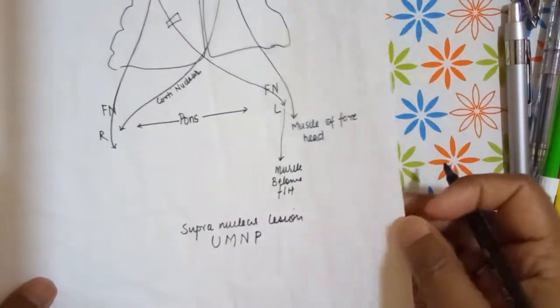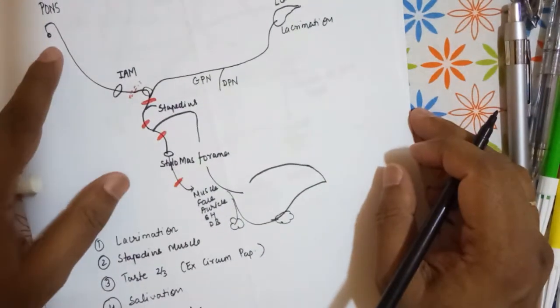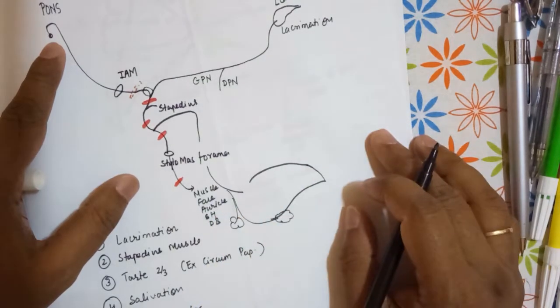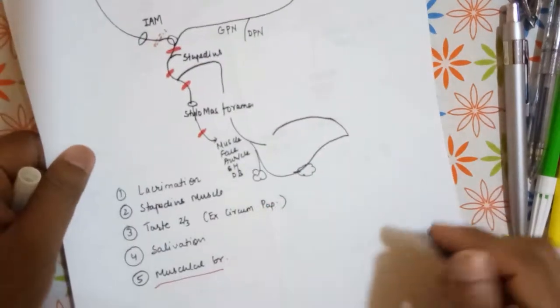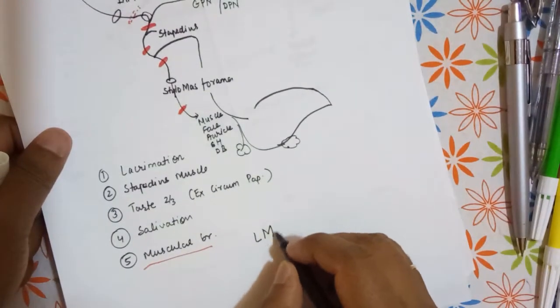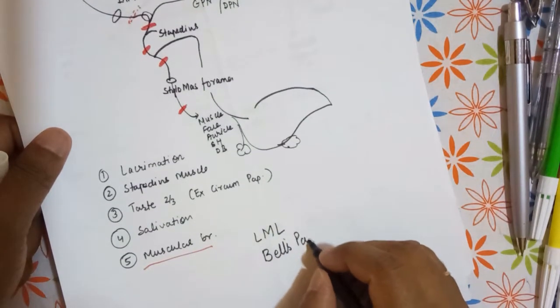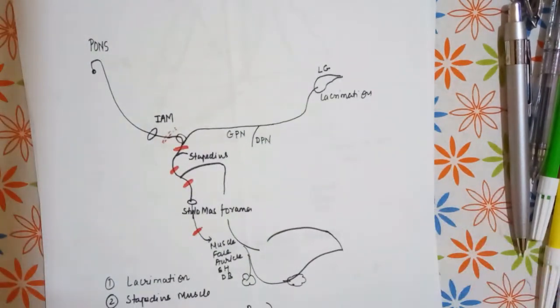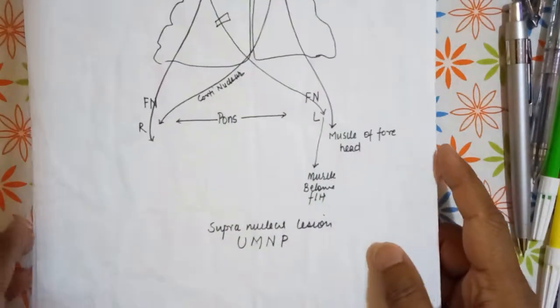Whereas if we go back, if there is a lesion somewhere from the pons onward up to the parotid branches, this is called a lower motor neuron lesion, and this type of paralysis is called Bell's palsy. So Bell's palsy is commonly asked in your exam, so this is a very important area for your applied aspect of the facial nerve.